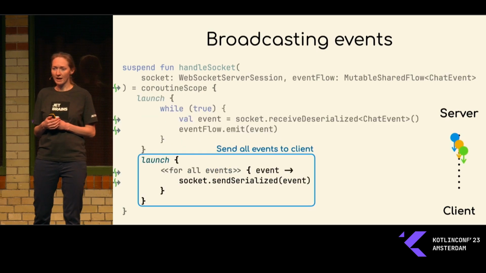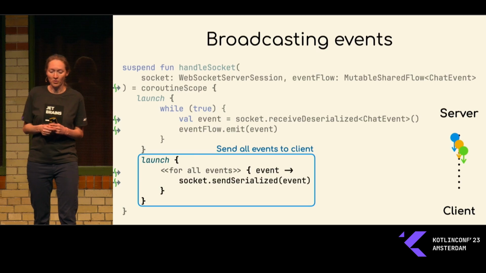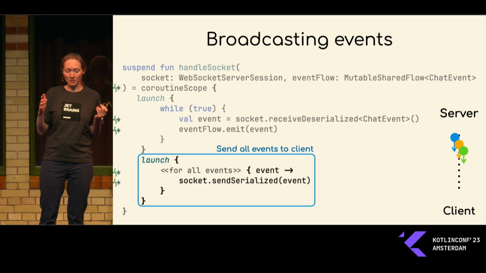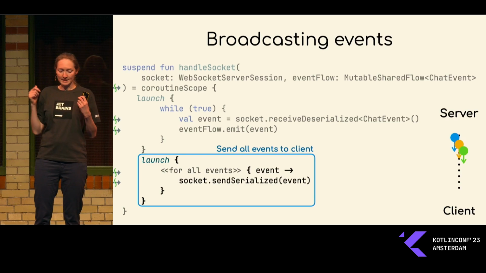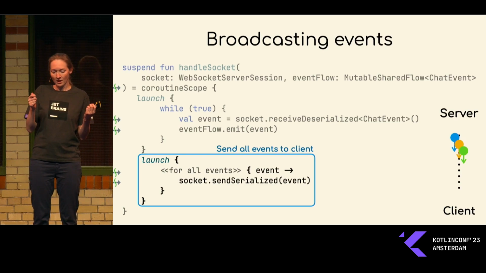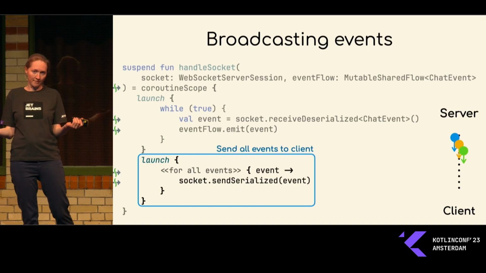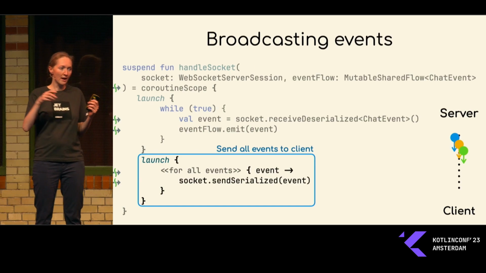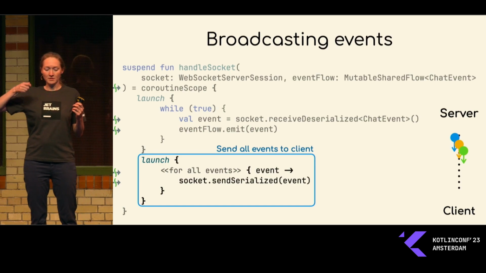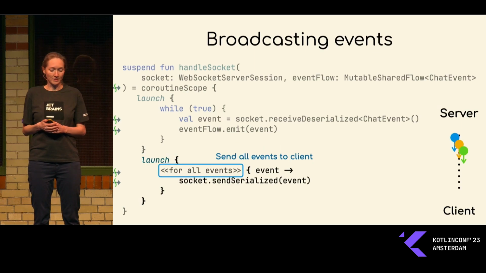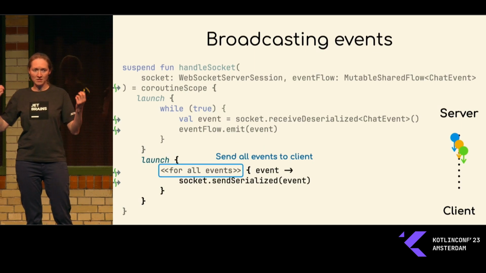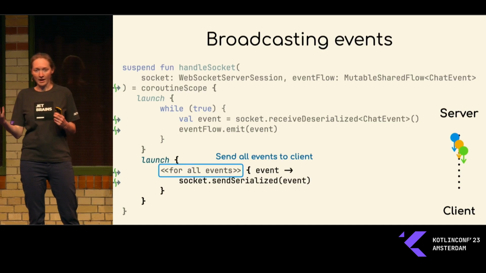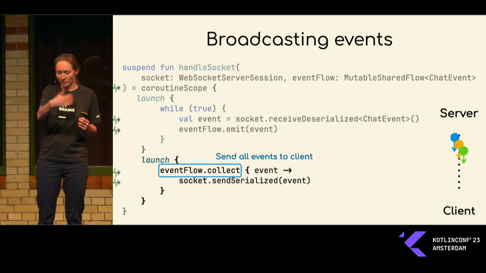Let's talk about the second one. When we need to send all the events back to the client, we need to launch a new coroutine that says for all the events, we need to send this event to the client. We use the same socket, and we send all the events to the socket. And what is this for all events? Again, we access our single source of truth, our mutable shared flow, and we need to subscribe to all our events.